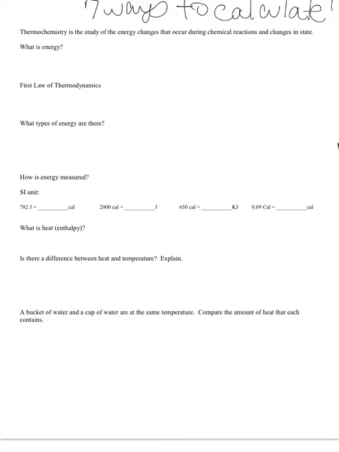So the first thing we're going to start out with is a definition for energy and how we can describe energy. So what we're going to think about with energy is the ability to do work. Or we can say to produce heat.